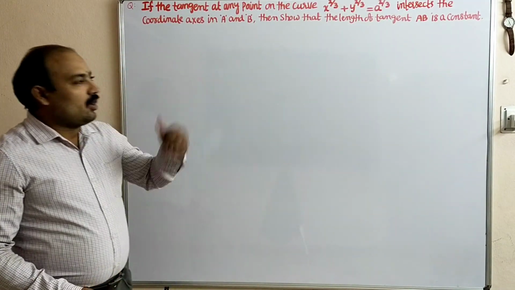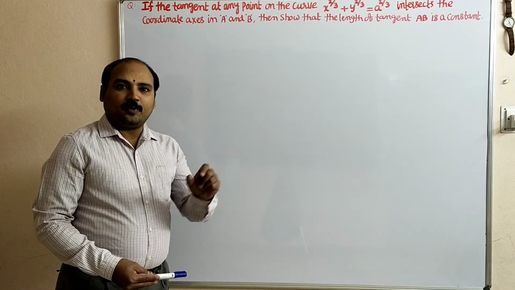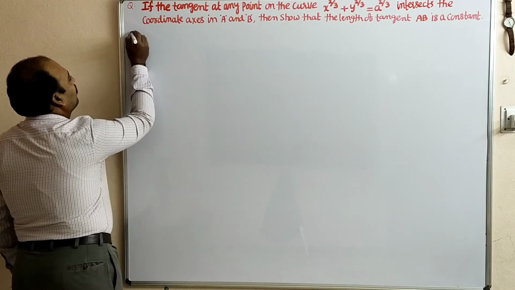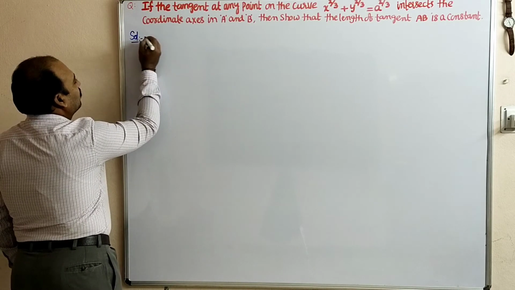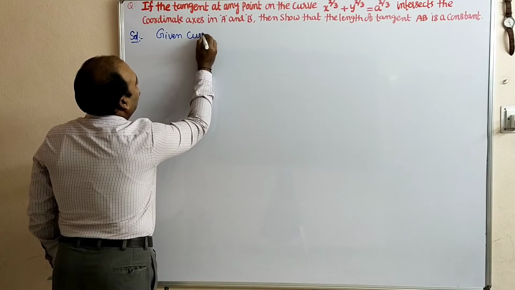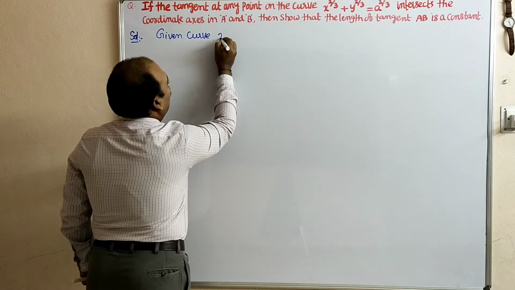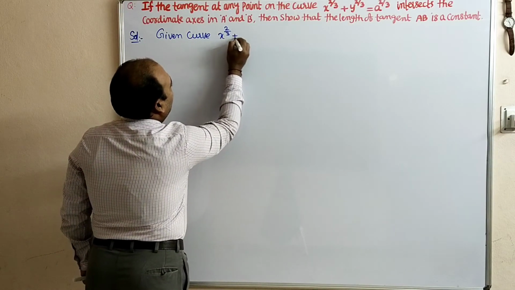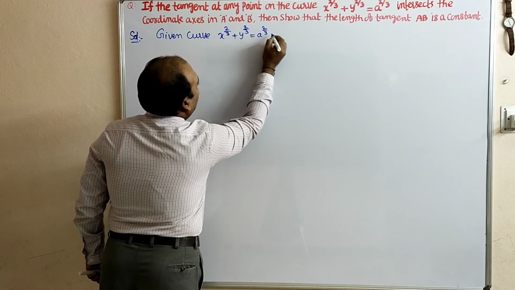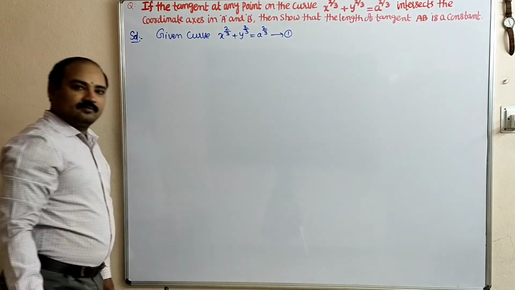So first we have to consider any point on the curve. You write it first: given curve, x power 2 by 3 plus y power 2 by 3 equal to a power 2 by 3. Put it as equation number 1.